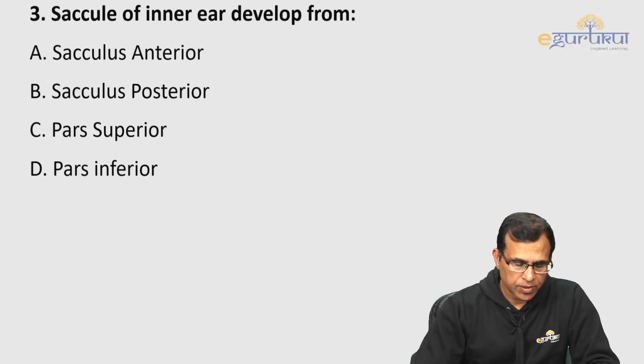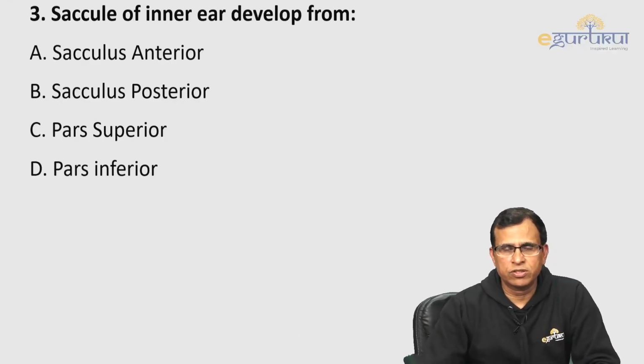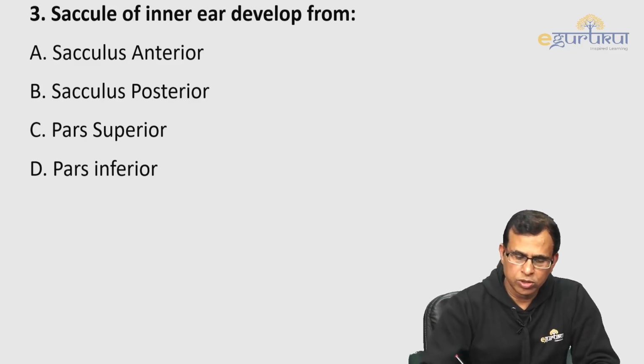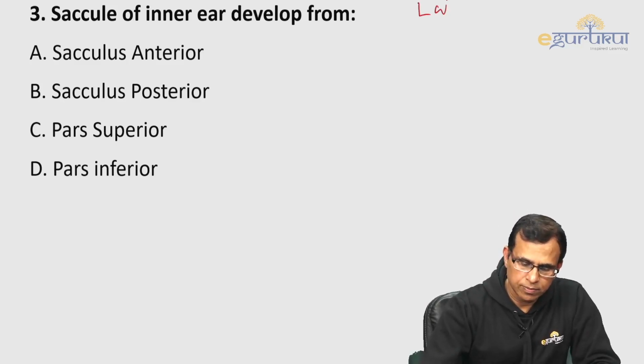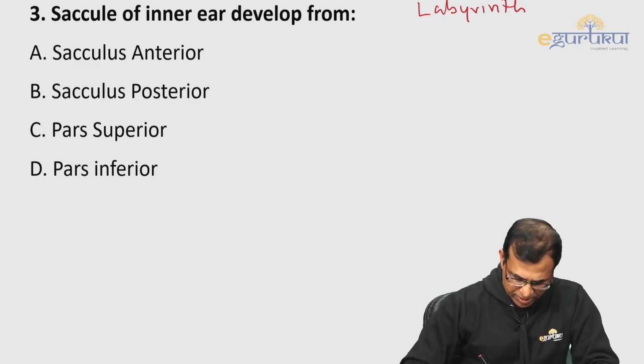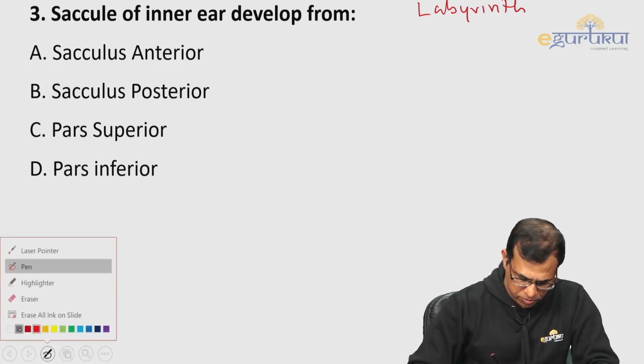Next one: the saccule of the inner ear develops from which of the following structures? We all know the inner ear is called the labyrinth, and the labyrinth has many parts. What are the parts of the labyrinth if I ask you?